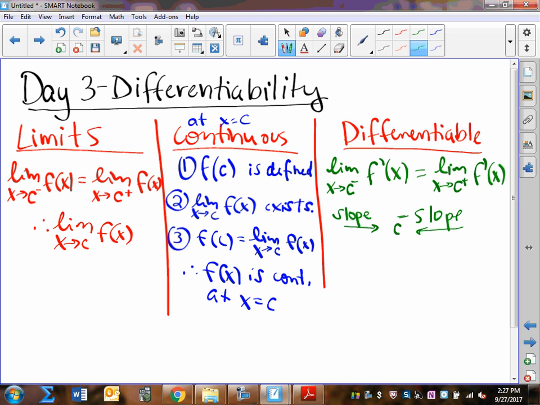Now, we talked about also that if a function is differentiable, then that means that it is continuous. Likewise with that, I want to throw something else in here. It's kind of an extension of the differentiability.